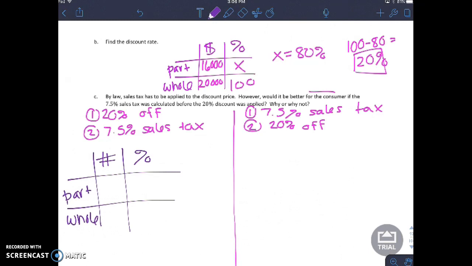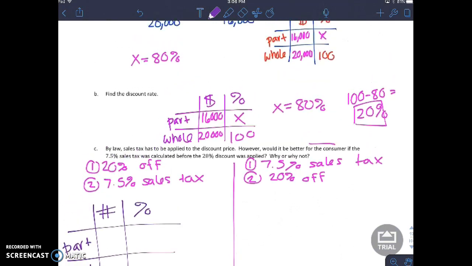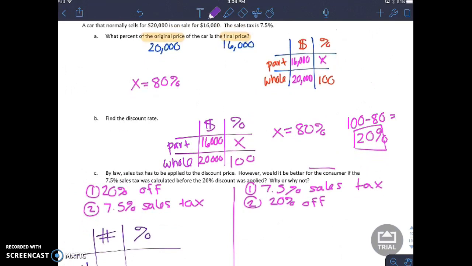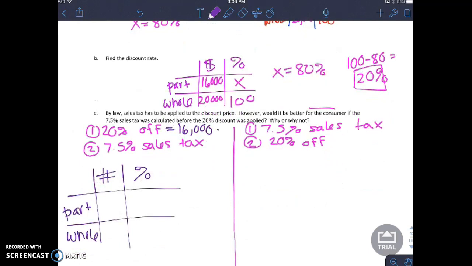Here we don't really have to waste our time calculating the discount again. We already know that the 20% off is going to be $16,000. That's the final price. So all I'm going to do right now is apply the sales tax to the $16,000.